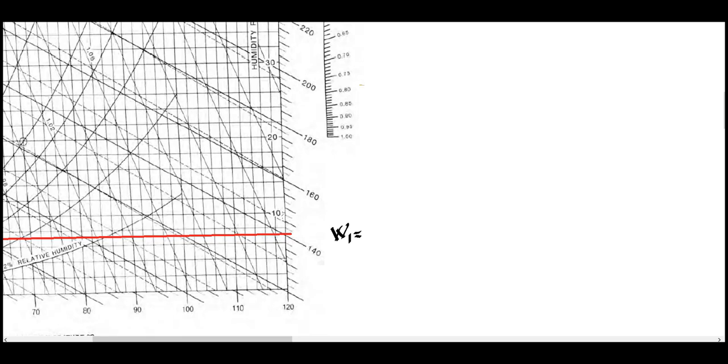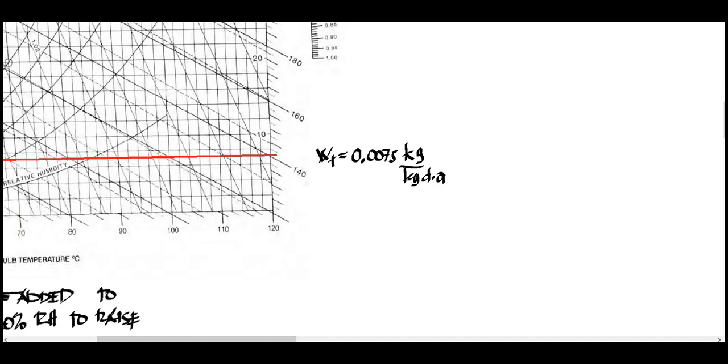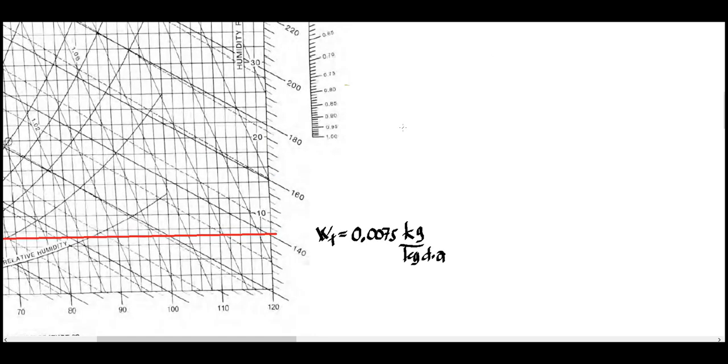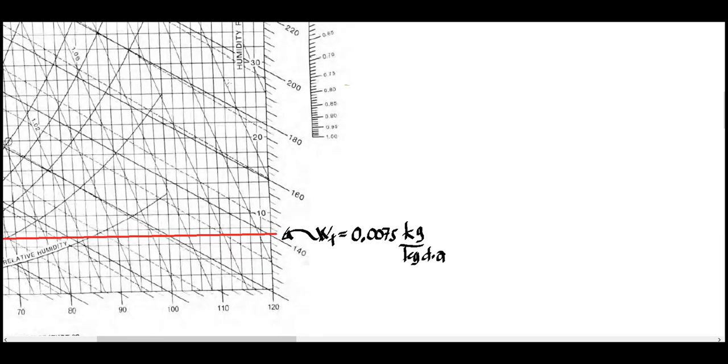So that is approximated. We have here the moisture content for point 1, so that will be 0.0075 kilograms. Take note again, why did I write 0.00? Since we have the unit here in grams per kilogram, I just divided that in order to make it kilogram per kilogram of dry air.